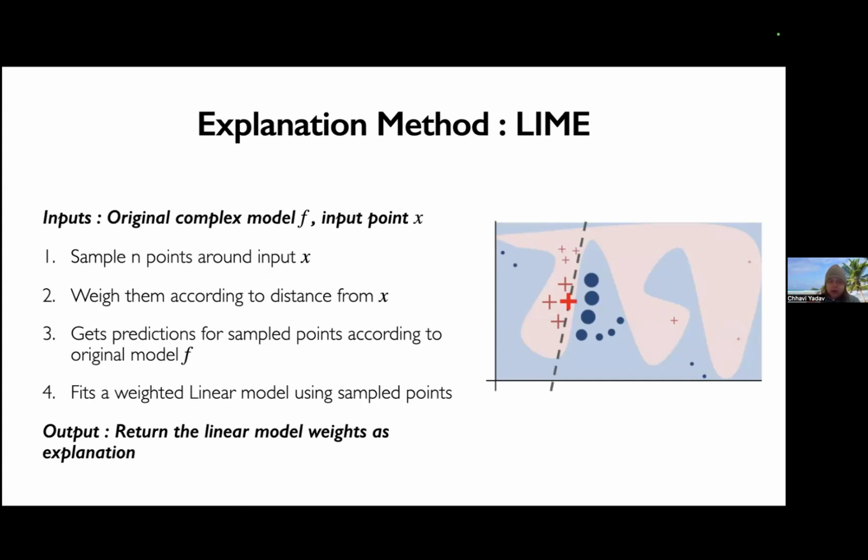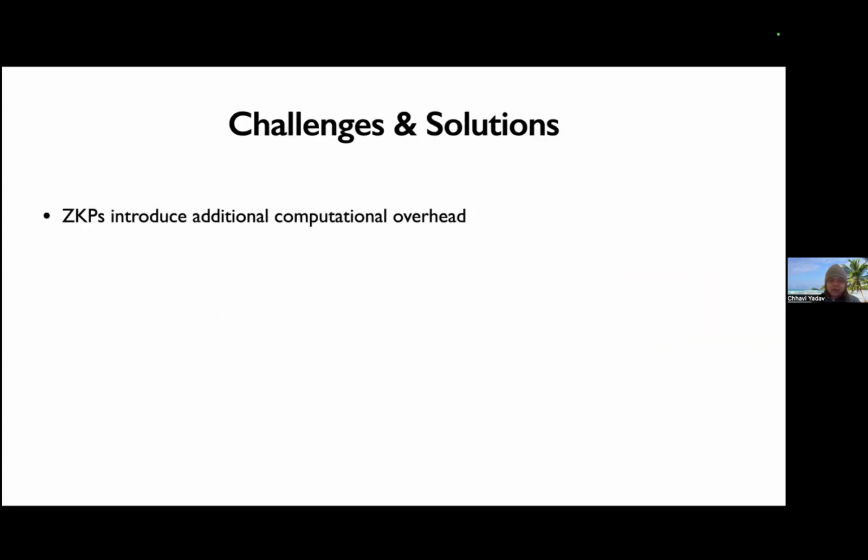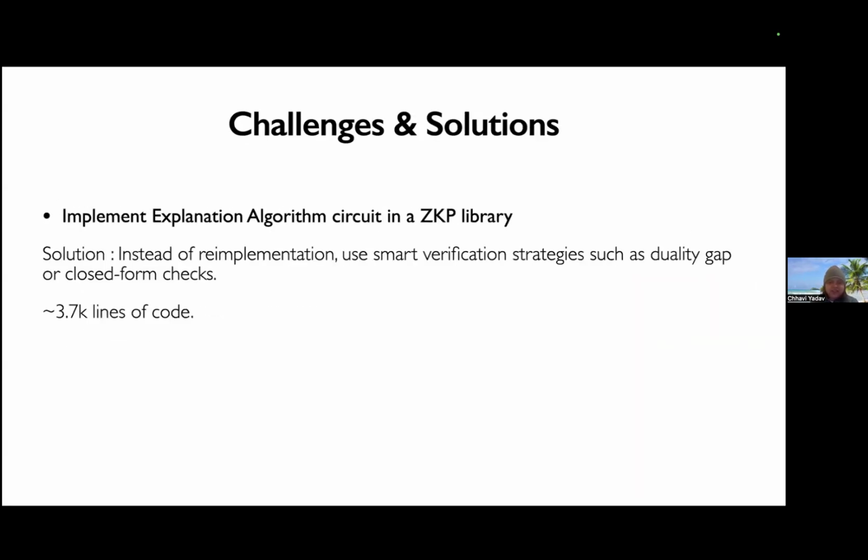And if the answers match for each step, then you know that the Python code is run correctly, there is no manipulation. Another way is you just verify that whatever the Python code has outputted is actually correct. So for some things like step 4, we can use the verification strategy. And for some things like step 1, we can transform the code line by line into a ZKP circuit. I hope that was clear, but I can clarify any doubts if there are.